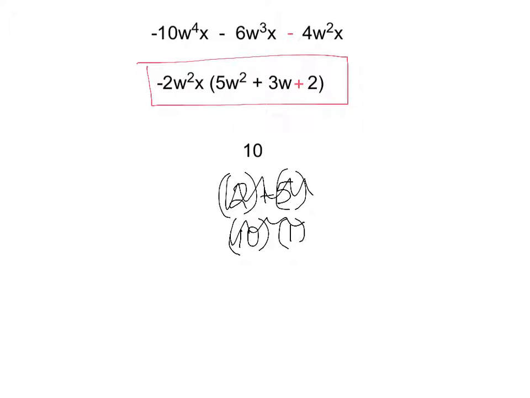If we didn't have a GCF and we were only given this problem right here, and when we did the AC it got to 10 but I couldn't find any factors that worked, then I would say not factorable. Be looking for that. Sometimes that is actually the answer, not factorable. But if there's at least a GCF, then we've factored it, and you just write that as your answer.